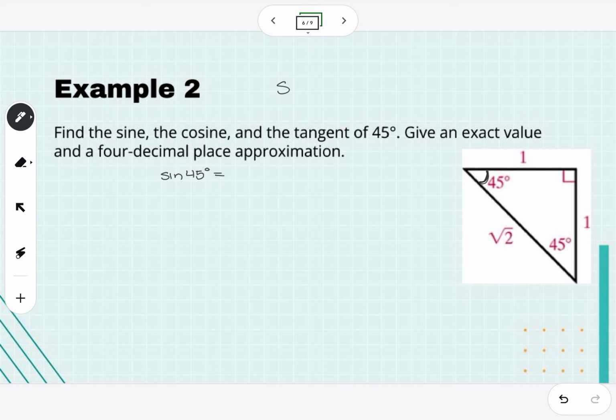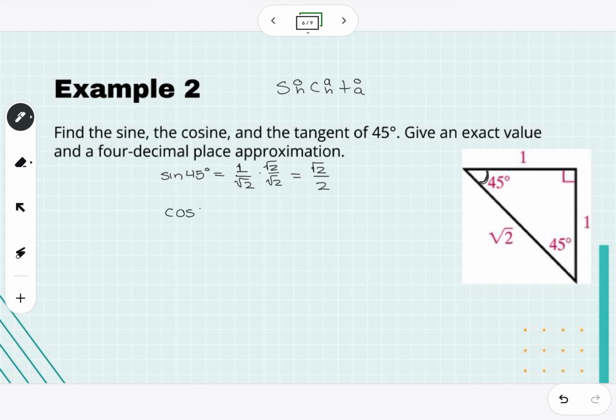Remember SOHCAHTOA. Sine is opposite. That would be 1 over hypotenuse. That would be radical 2. Got to rationalize that, so multiply by rad 2 over rad 2. You'll get radical 2 over 2. That's sine of 45.